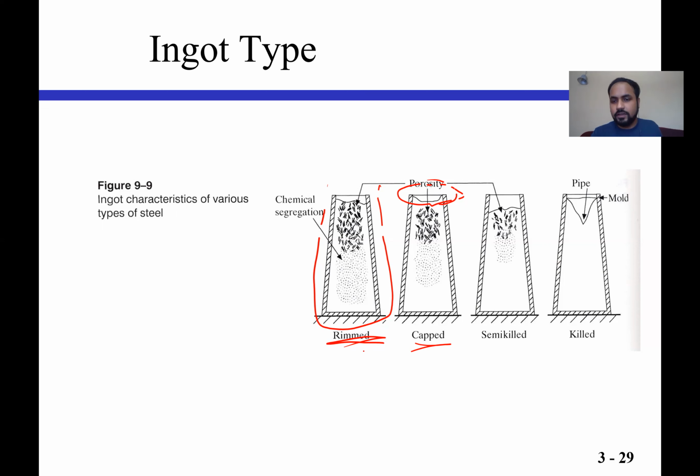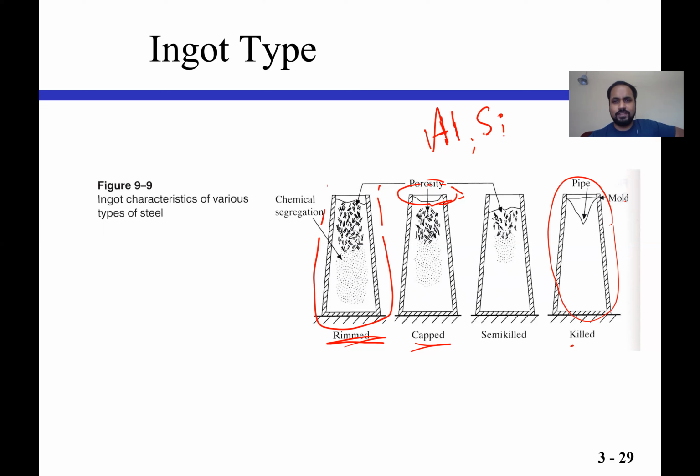Then there's something called semi-killed and killed steel. Basically, when you get steel and you add aluminum or silicon, these two elements help the gases to escape easily. So if you have a killed steel, that means you have added a lot of aluminum or silicon, and you will have a homogeneous structure which can be used for any purpose.